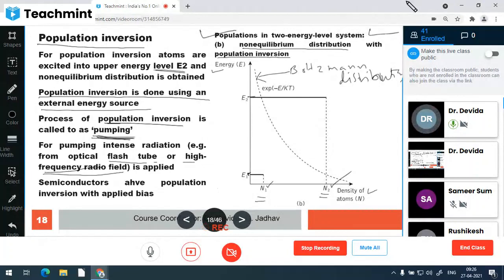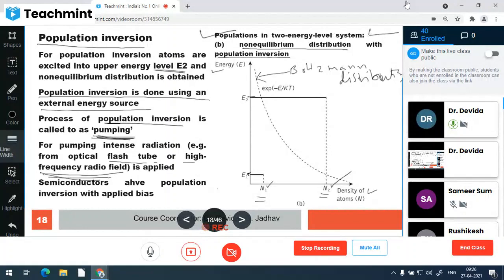With the help of a radio field also, you can give the energy input. Radio frequency is also energy. Or even thermal pumping can be done, optical pumping can be done. Every type of energy can be used for pumping.